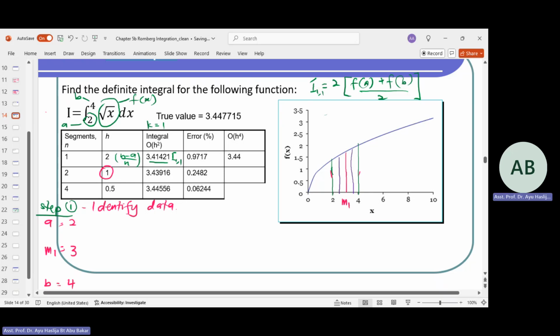I label these as midpoint number 2 and midpoint number 3, M2 and M3. So what is the value of M2 and M3?